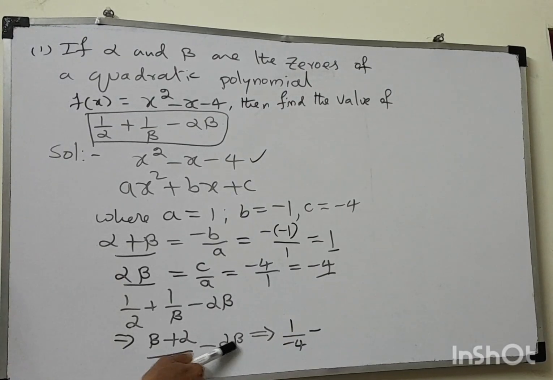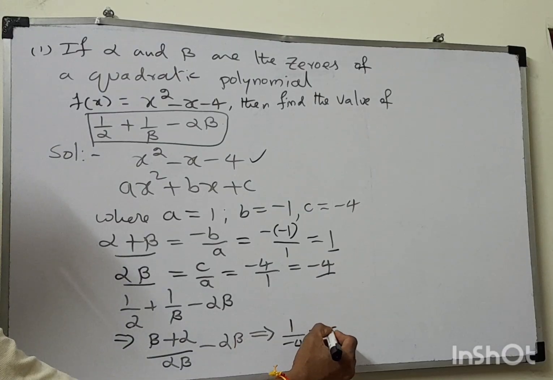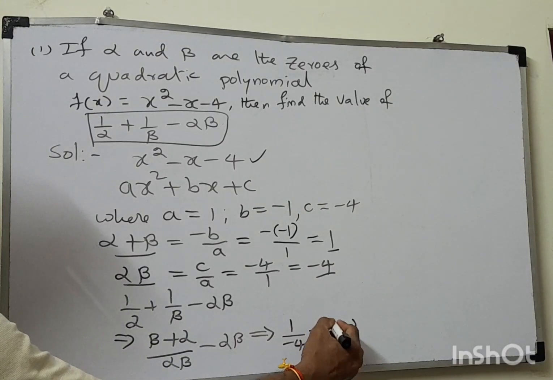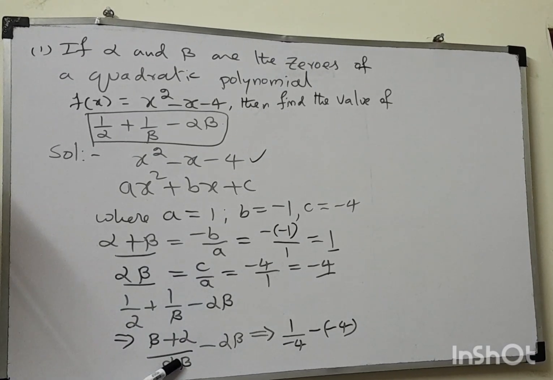Minus alpha beta, the product is minus 4, minus of minus 4. So I substituted the alpha plus beta value and the alpha beta value.